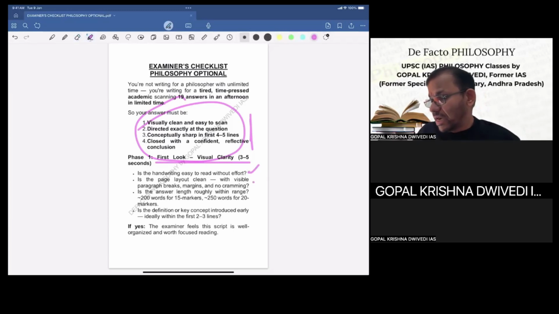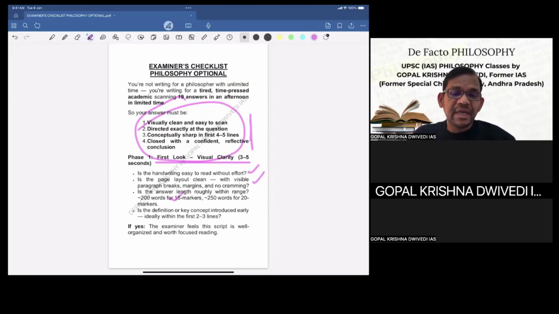Then, is the answer length roughly within range, that is 200 words or 250 words, or even 150 words, depending on the number of marks allotted to that question? Is the definition or key concept introduced early?